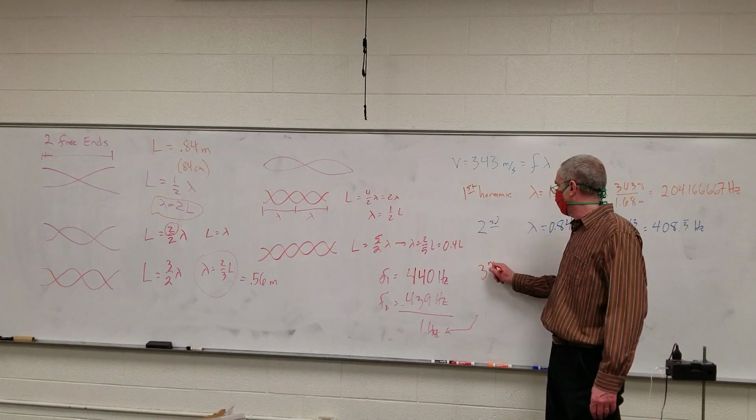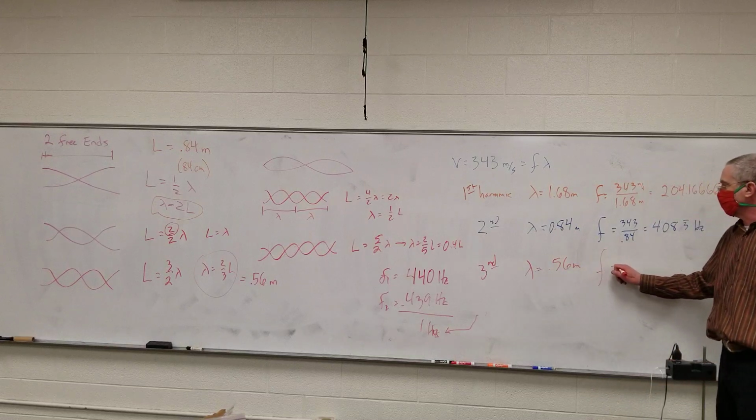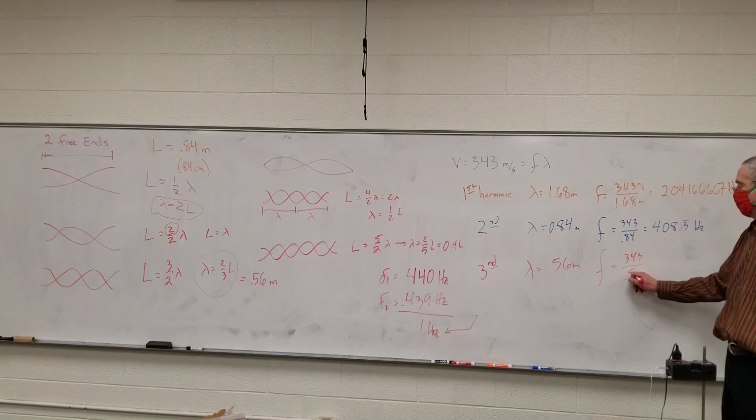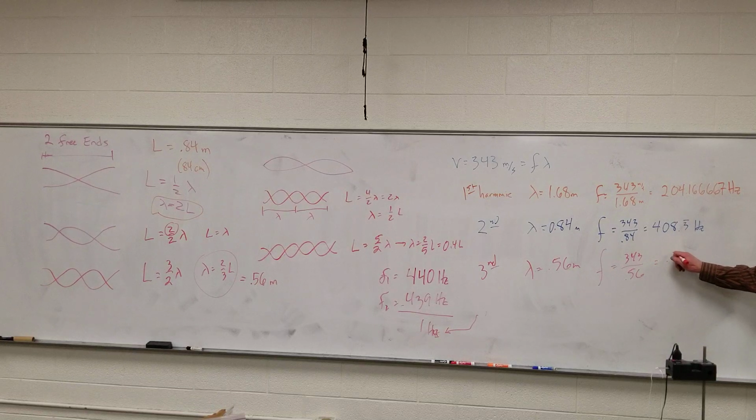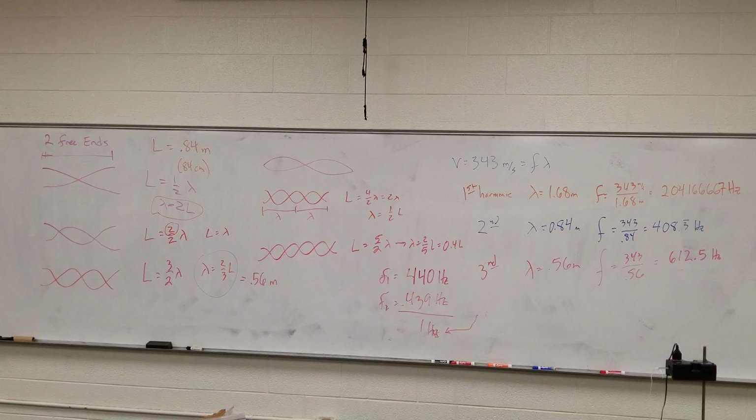So our third harmonic, it was 0.56 meters. Our frequency would be 343 divided by 0.56. 612.5 hertz. That's not like the zero over there. It's like 612.